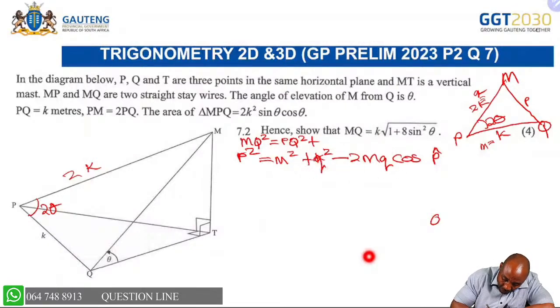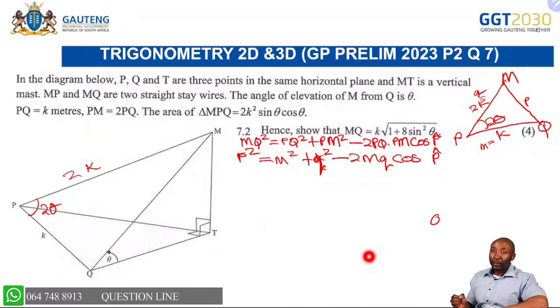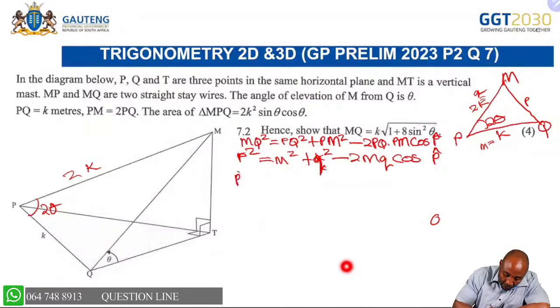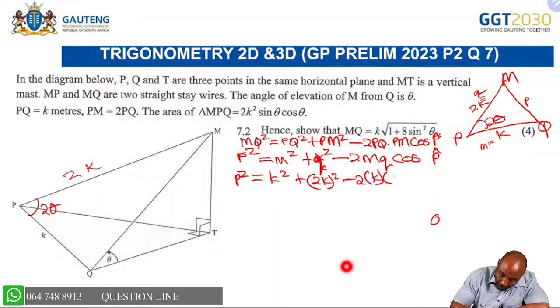This is supposed to be q, not k. You can use that. Then we are going to substitute. Our m is k, so k squared plus 2k, we square that, minus 2. Our small letter m is k, our small letter q is 2k, cosine. Our angle P, we found it as 2 theta.